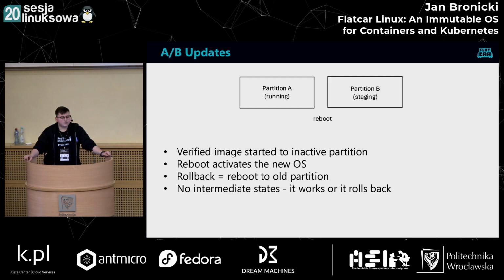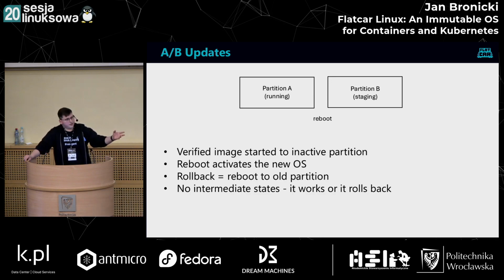So first, how do our updates work? When you install Flatcar, and just bear in mind that this is a very minimal distro, you will actually have the OS partition duplicated. So there are going to be two exactly same partitions. One is going to be running, so the GRUB bootloader most likely will choose A, for example, and boot into it. Then when there comes an update, the second partition will be overwritten with that update, and upon a boot, it will be booted into that second partition.